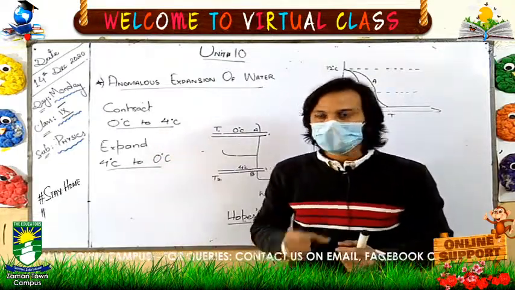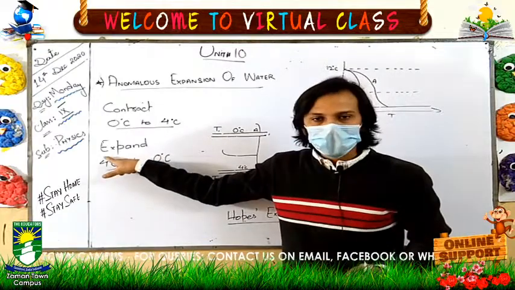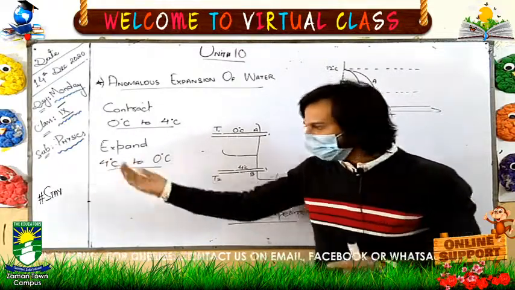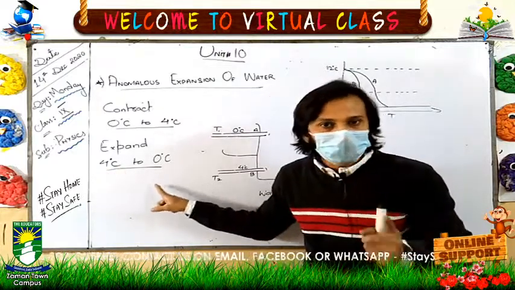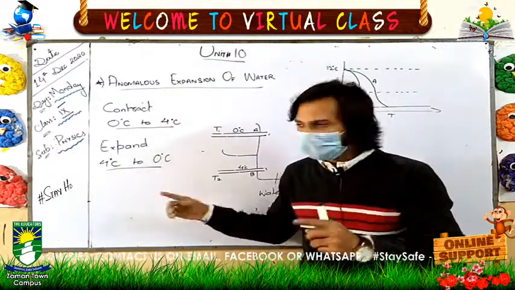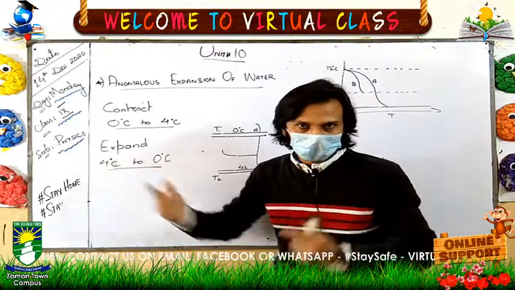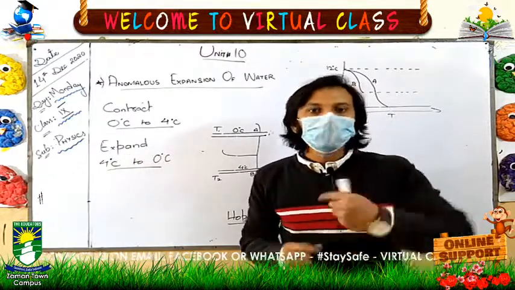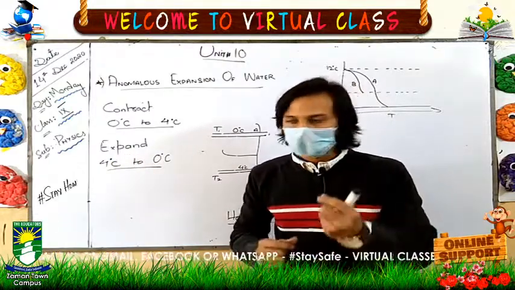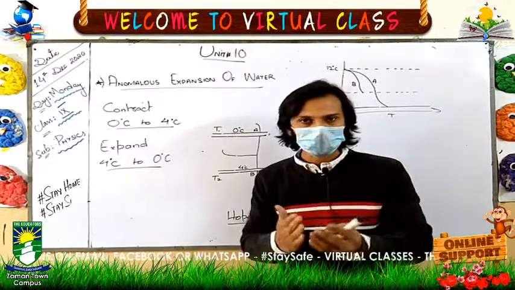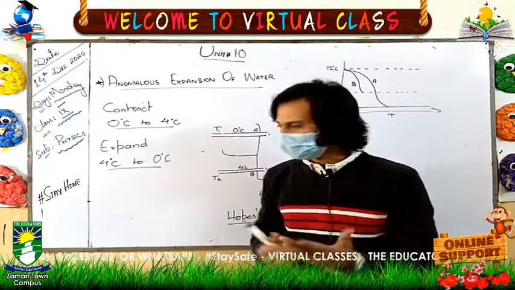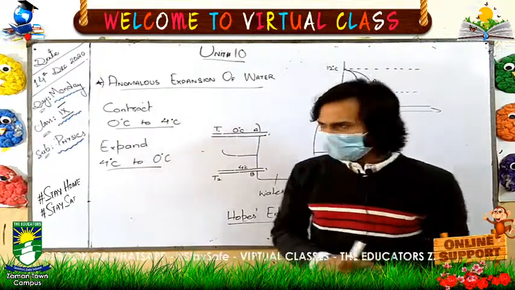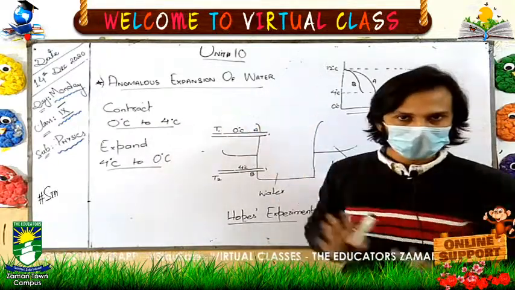Okay, and that burst is because of the expansion. Getting, class? As the water falls in temperature from 4 degrees centigrade to 0 degree centigrade, what will happen? It will expand, and expansion will increase the volume. And that volume will automatically burst the pipe. This is also a practical example of the anomalous expansion of water.